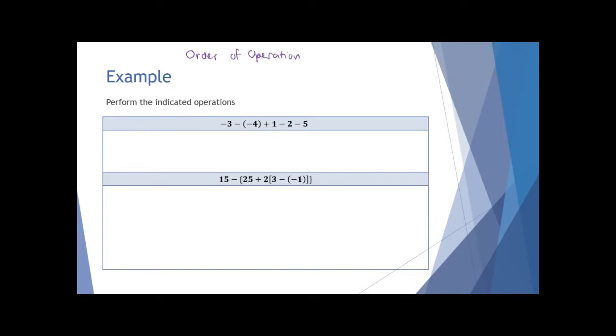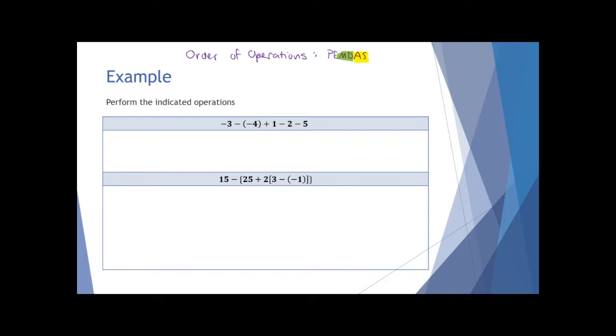It is Please Excuse My Dear Aunt Sally, or PEMDAS, where the P stands for parentheses, E is exponents, multiplication and division are the M and the D, and those always go left to right. So that goes with whichever you see coming first. And then the A and the S are addition and subtraction, and those also go left to right. So those go in the order that you are reading it.